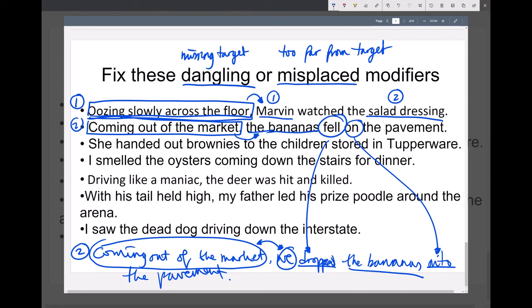So we say we dropped the bananas onto, because we need to use the right preposition there with the pavement. So instead of bananas falling down, we have people dropping bananas. So that would make more sense as a sentence. To fix that, we have a better target. All right, a couple more to go.